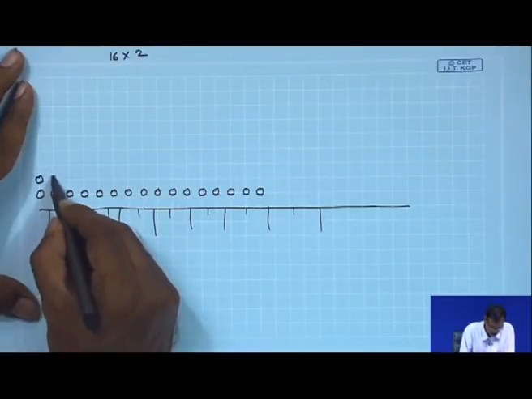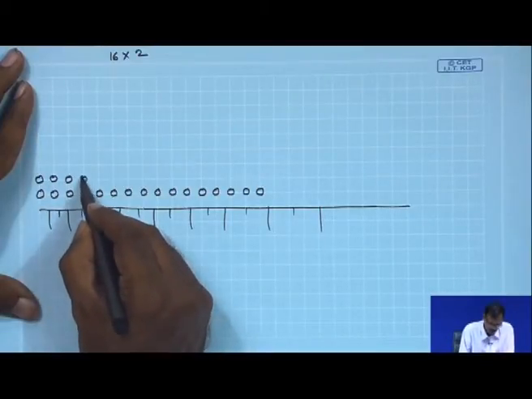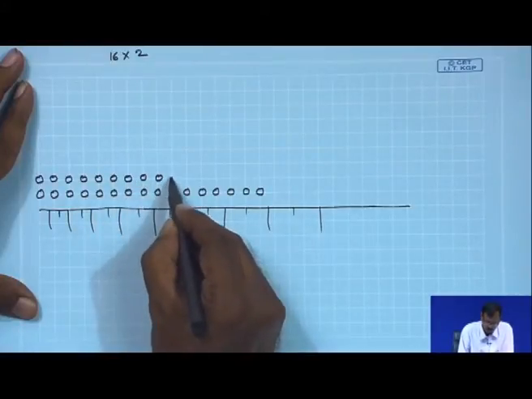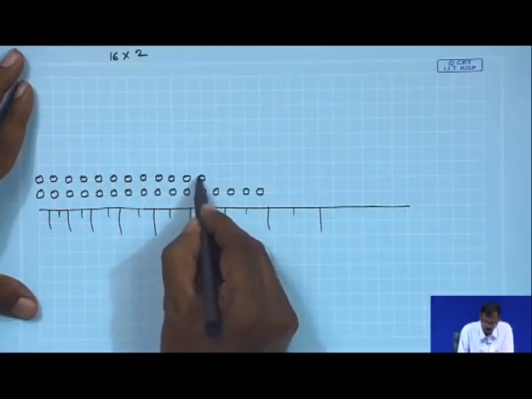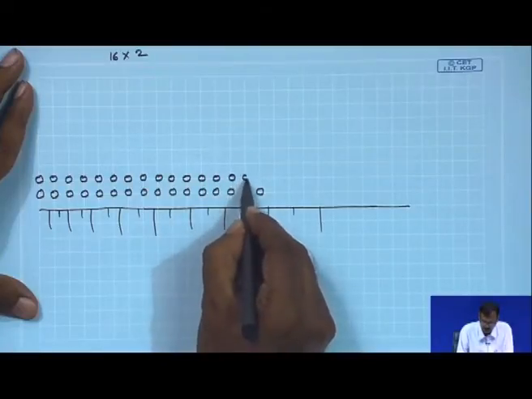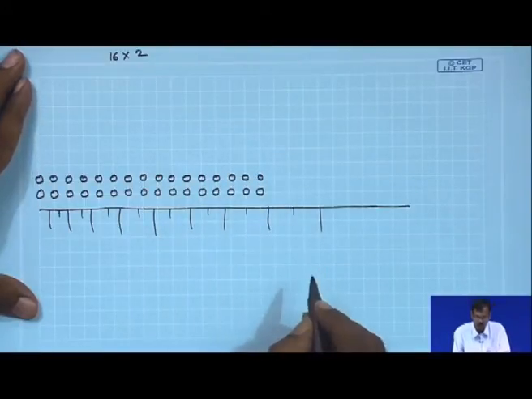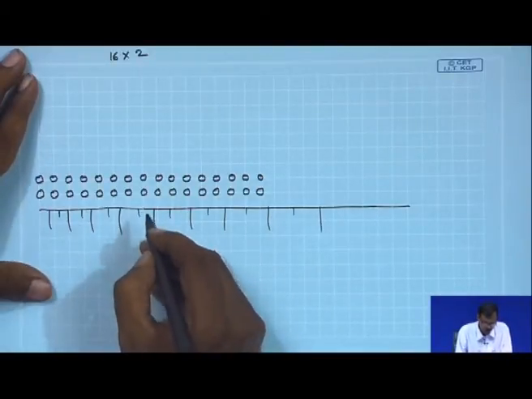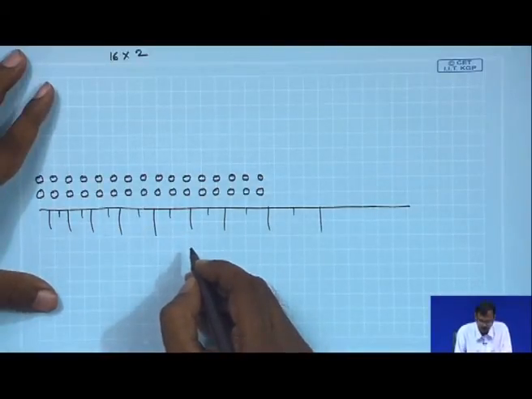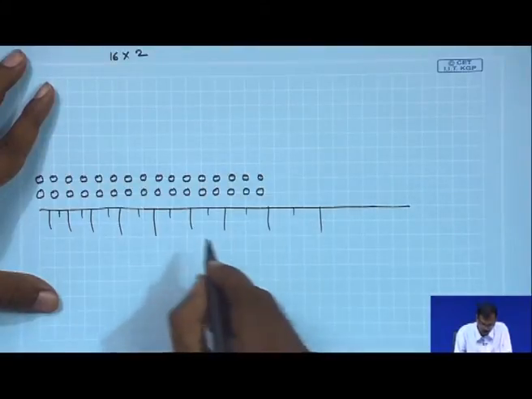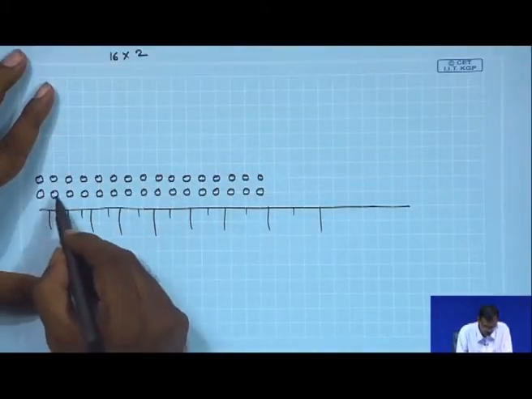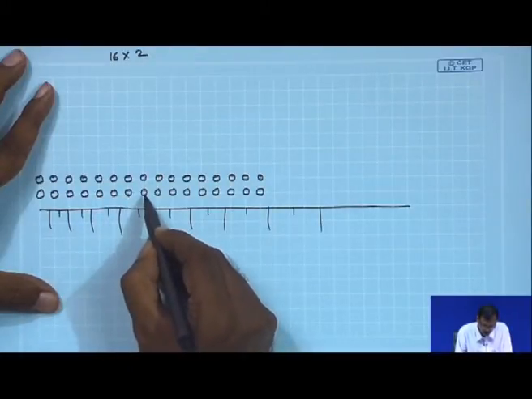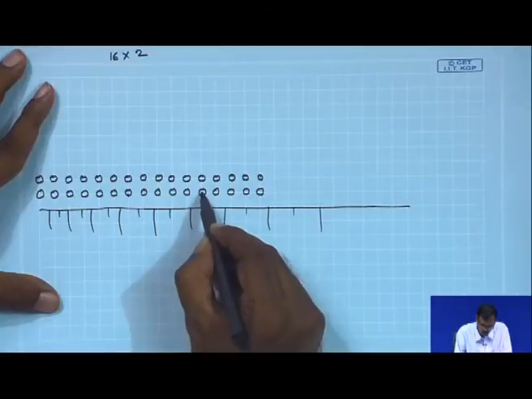Then again 1, 2, 3, up to 16. So, 16 holes of 2 rows and you have to blast it in extended V cut pattern. So, let us consider 1, 2, 3, 4, 5, 6, 7. So, this is the 7th one.